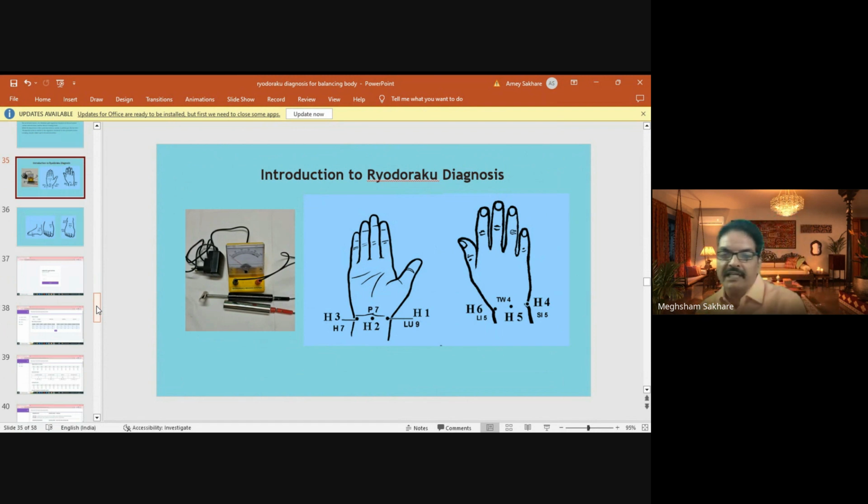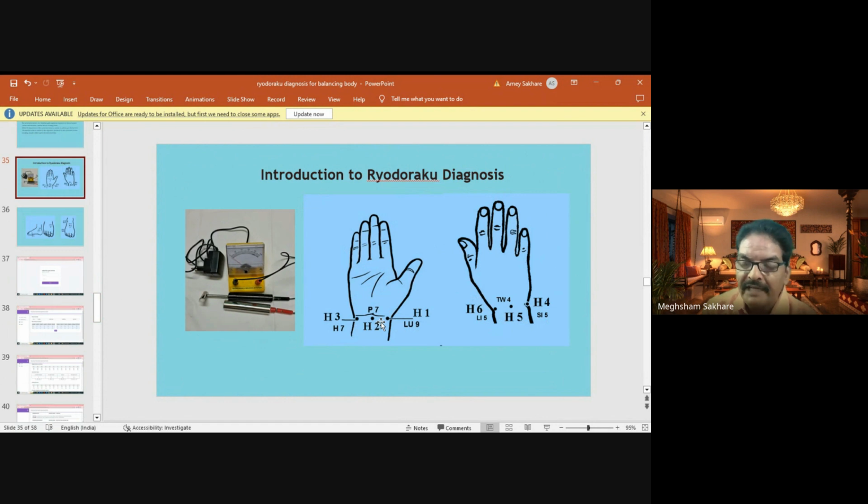H1, H2, H3 are on the palmar side of the wrist, and H4, H5, H6 are on the dorsal side. H1 is lung 9, H2 is P7, H3 is H7, H4 is SI5, H5 is TW4, and H6 is LI5.